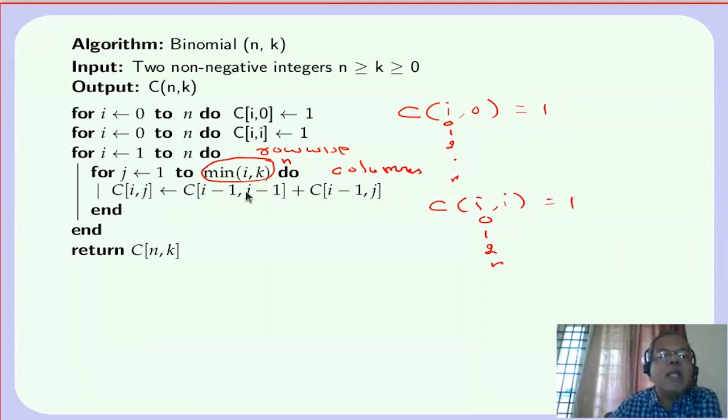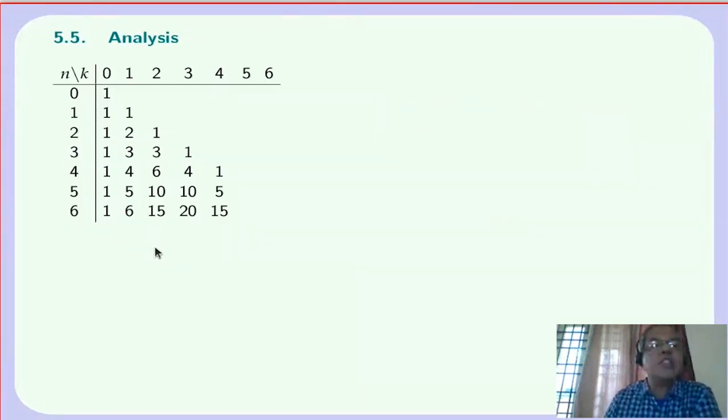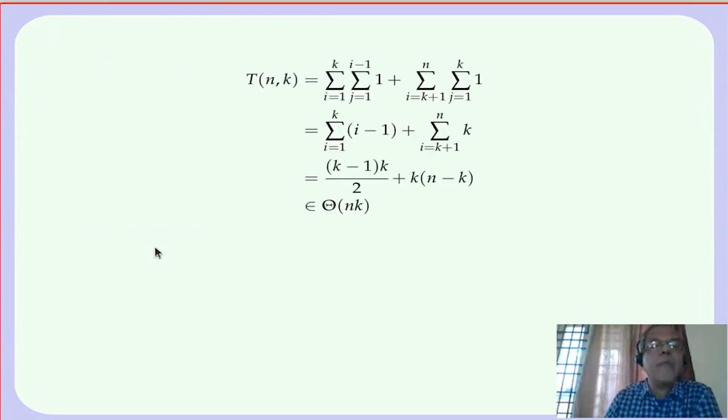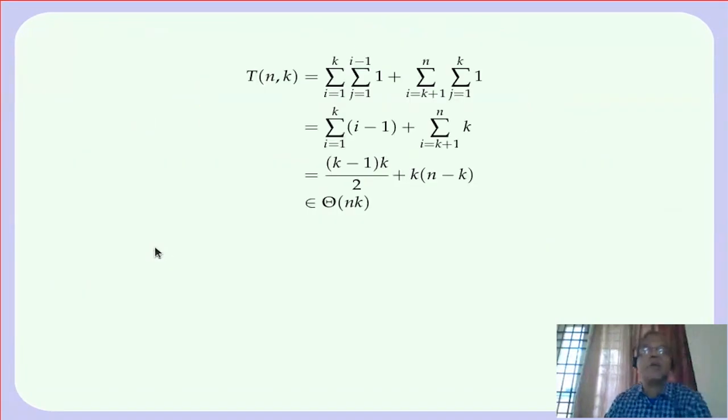After we have filled in the table, that is after we have computed solutions for all the subproblems we have identified, the subproblem that we are interested in is C of n comma k. Okay, return that. I leave the analysis to you. It will be big theta of nk. Let me stop here.